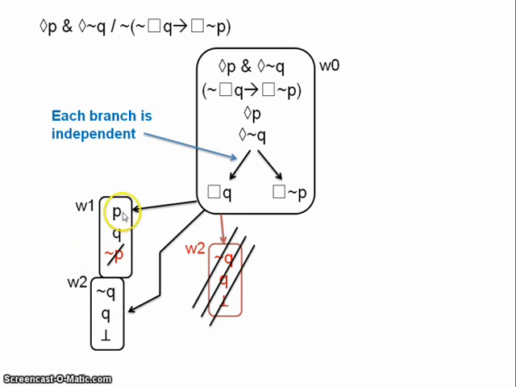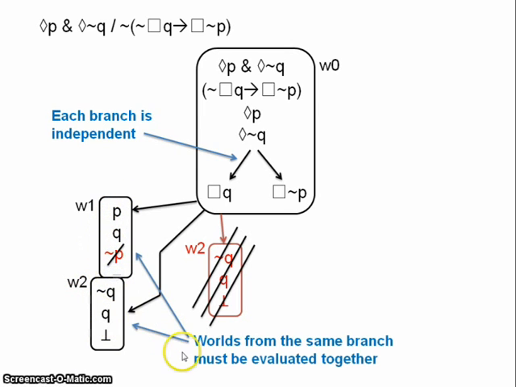Just because we have P in one world and then not P in a world below it, that doesn't mean that we have a contradiction. But what it does mean is that if we derive a contradiction in either of these worlds, the whole branch closes. So the fact that we have a contradiction in W2 means that the status of W1 becomes irrelevant, because they are taken together. When they're from the same branch, we evaluate them together.